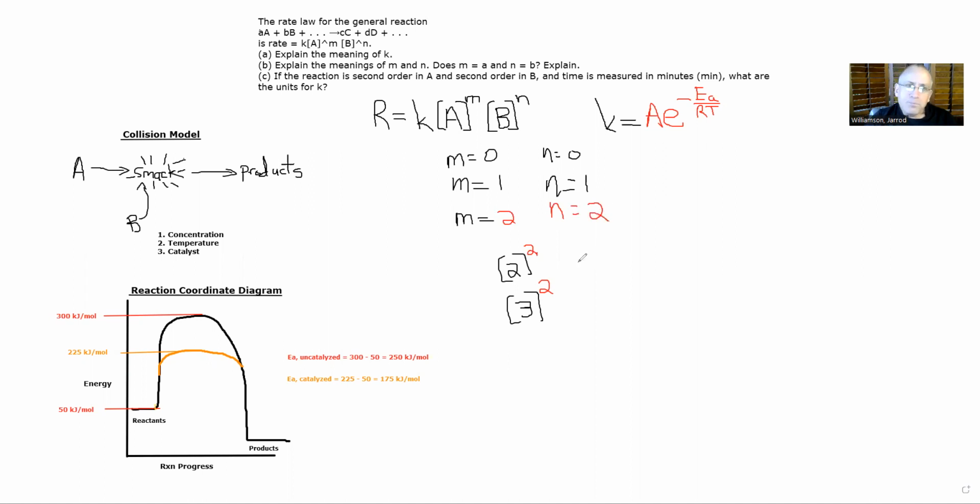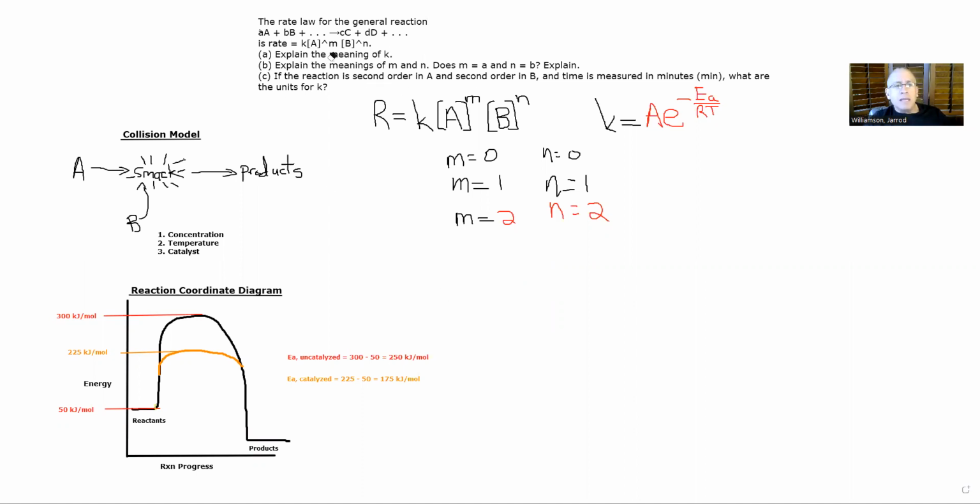All right, that's what that stuff means. Let me erase this. These are the most common values for M and N that you're going to run into, at least in Chem 1B class, not necessarily in the real world.